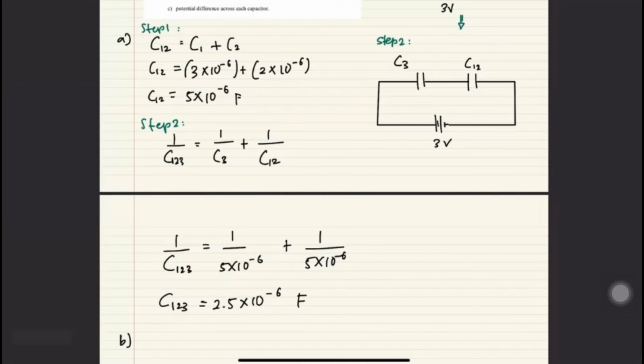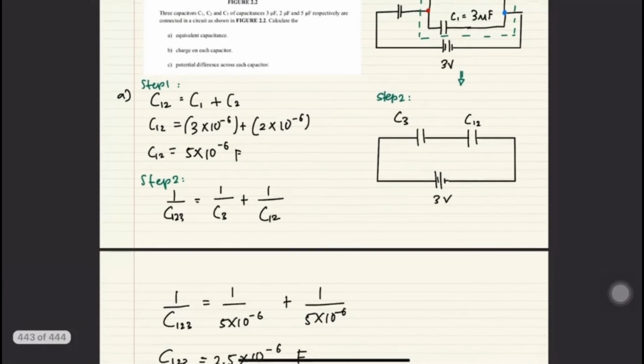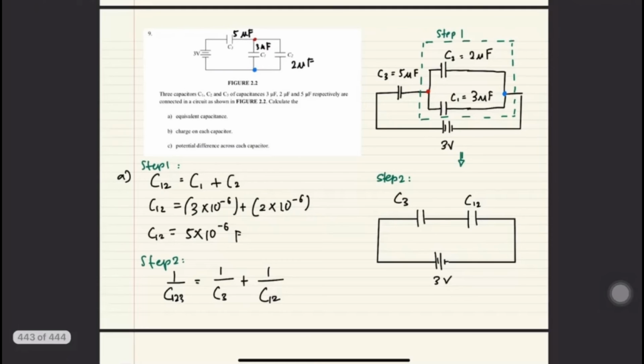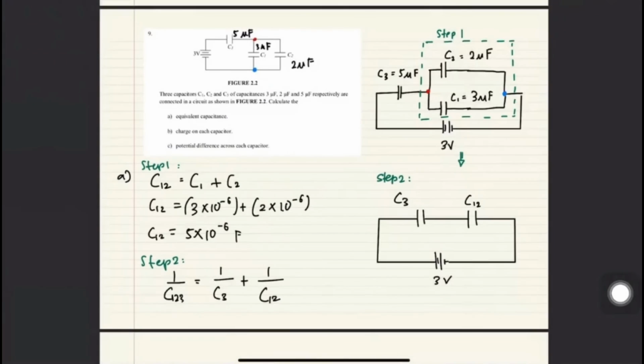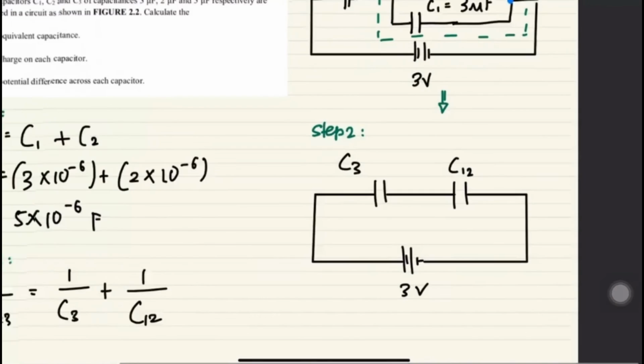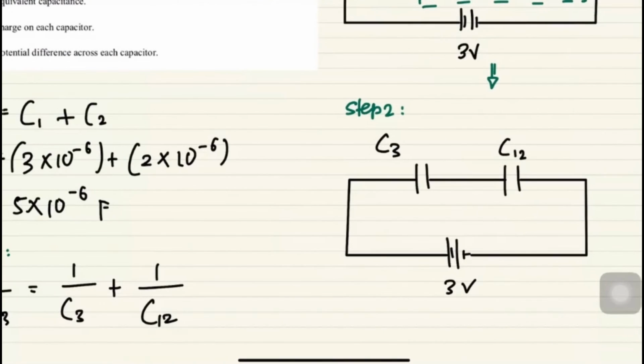So back to this example, dia nak cari charge on each capacitor. Cara yang paling senang yang saya terangkan sekali dulu. Okay, if you look at the step number 2 ni, katakan saya ada Q total keluar daripada sini. Bila dia lalu dekat sini, charge dia berubah tak?